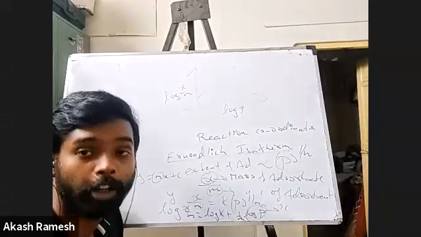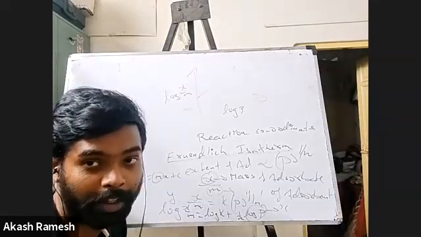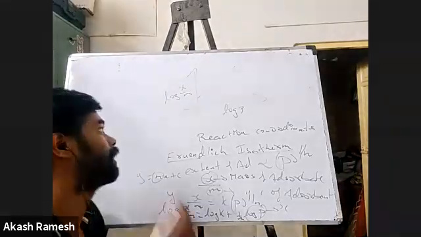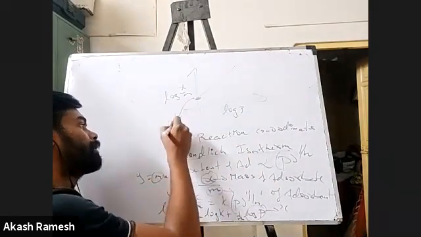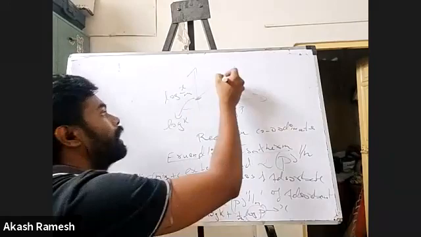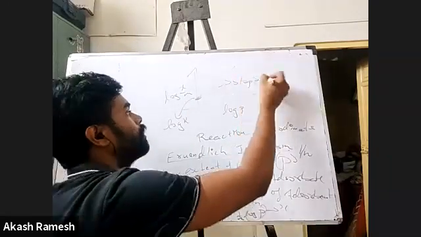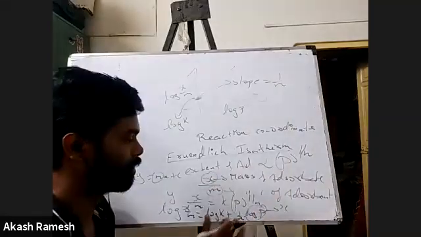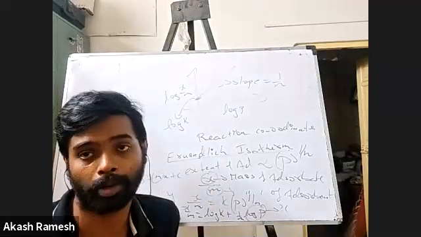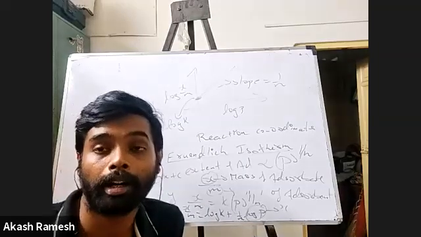This intercept is my log k, and the slope of this line is 1 by n. That n depends on the adsorbent and the adsorbate; it is substance dependent.